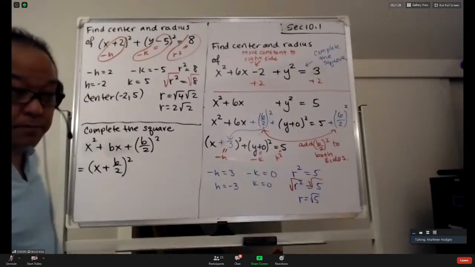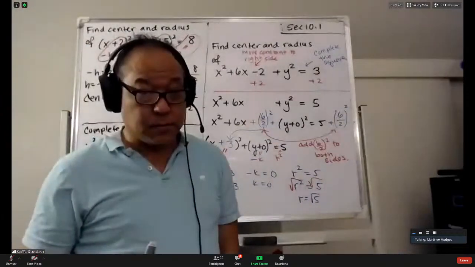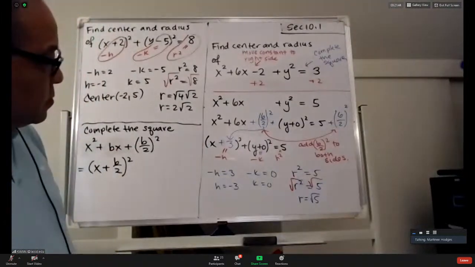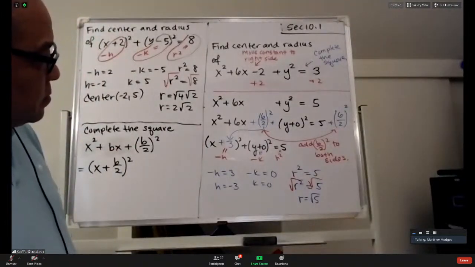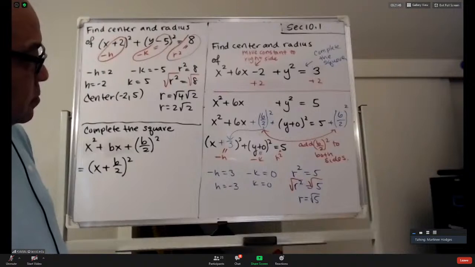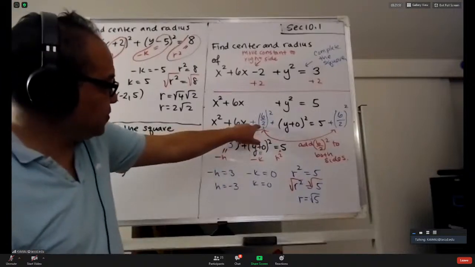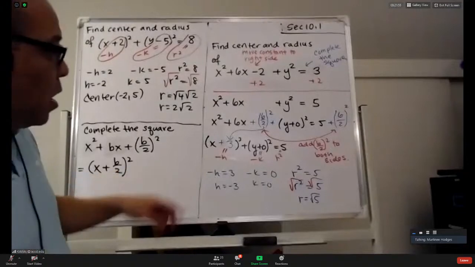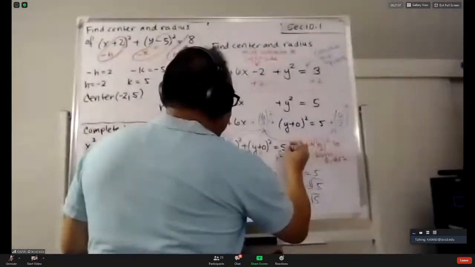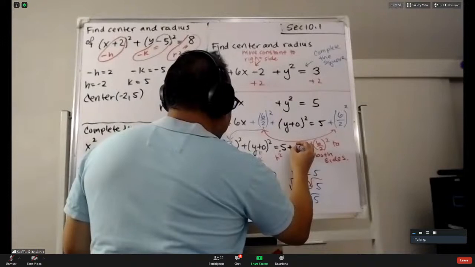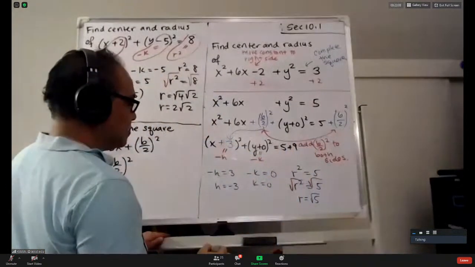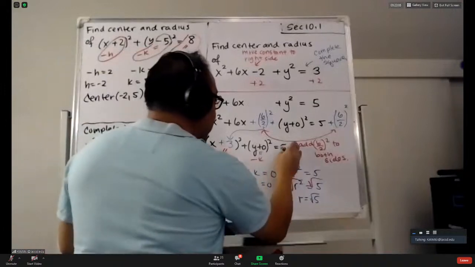Professor? Yep. I have a question on the last example. Where did the b square on the right side go? Oh, this one here? No, on the right side, with 5 plus b. It should be 9. Yeah, so this should actually be 14.